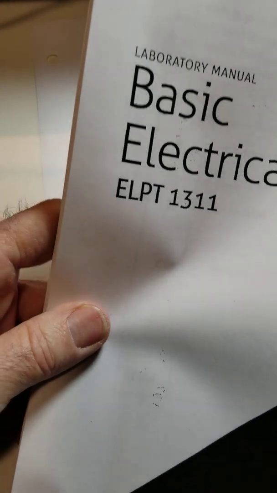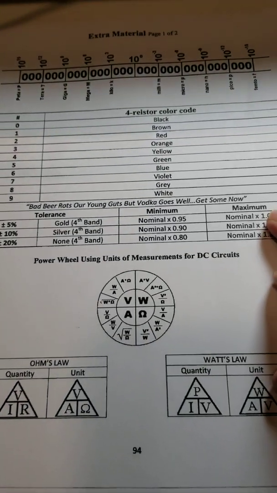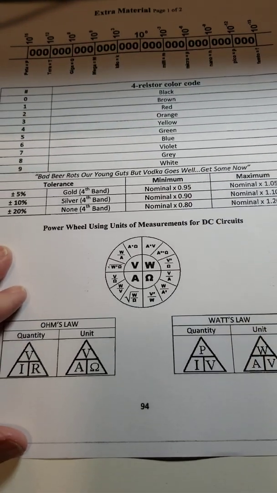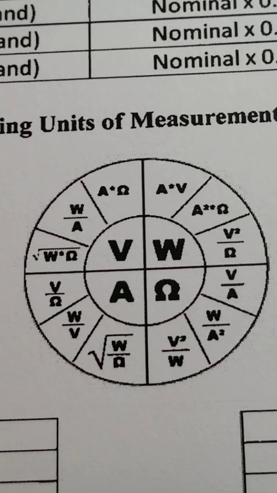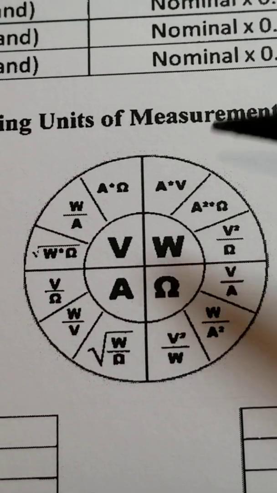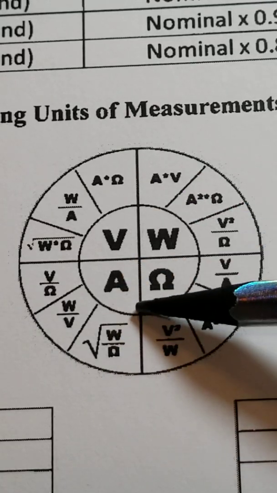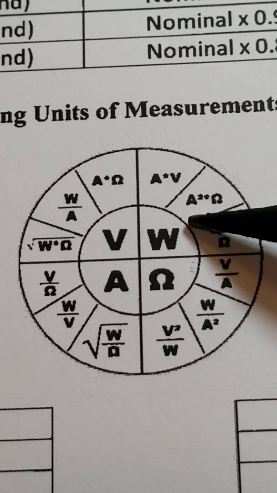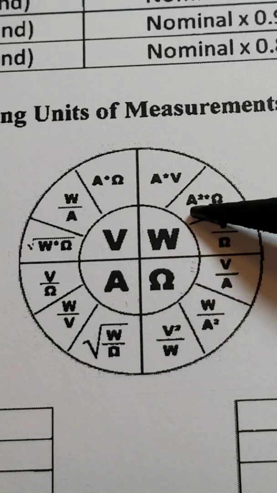There are a couple of things that will probably help you out. If you look at page 94 in your workbook, you've got the powers of ten, but you also have this power wheel, which uses the units of measure in order to solve for voltage, current, resistance, or power, what we refer to as volts, amps, ohms, and watts.